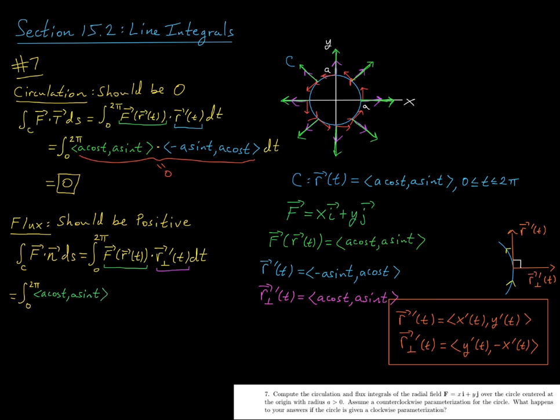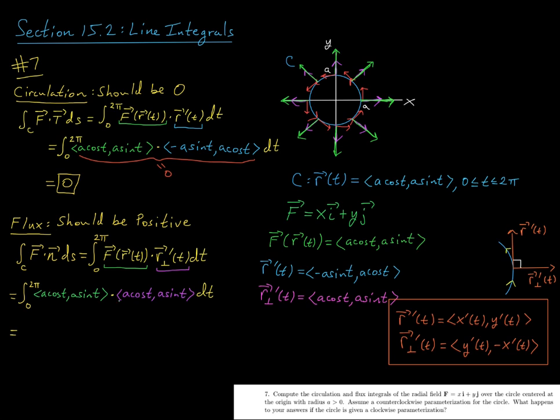Then we're dotting that with r perpendicular prime, and so this is going to be a cosine t, a sine t, and dt.